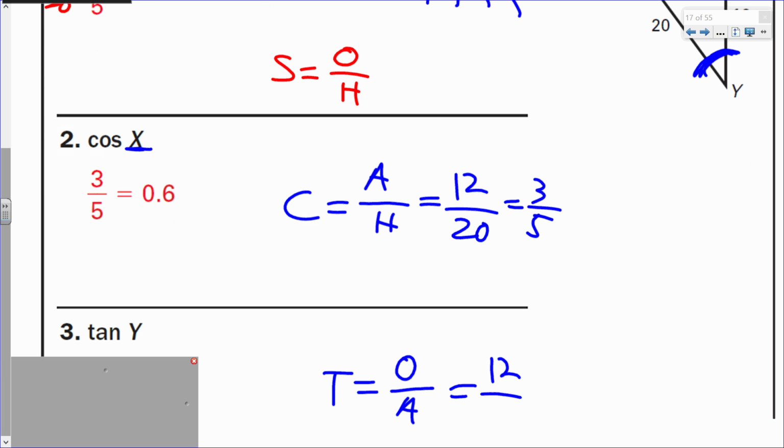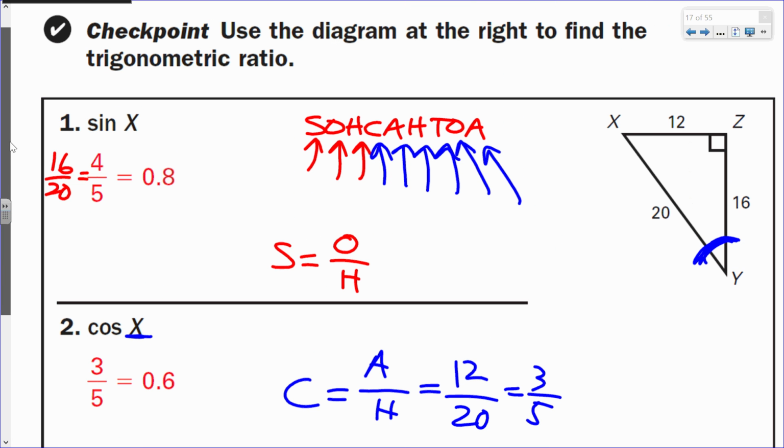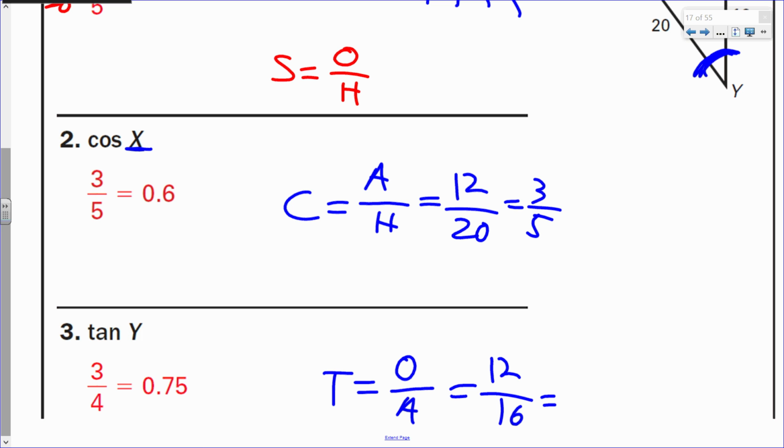Now, what side's adjacent to y? 16 or 20? You pick the one that's not the hypotenuse. So that'd be 16. So 12 divided by 16, if I reduce that, becomes 3/4. Divide both by 4, you get 3/4. 3 divided by 4 is 0.75.